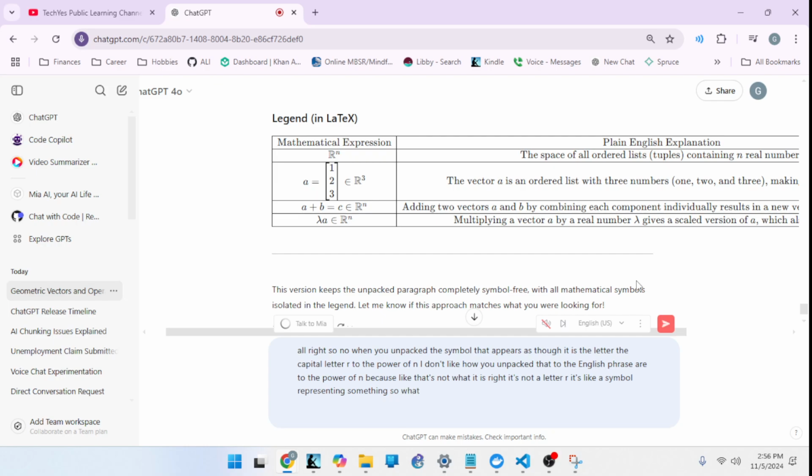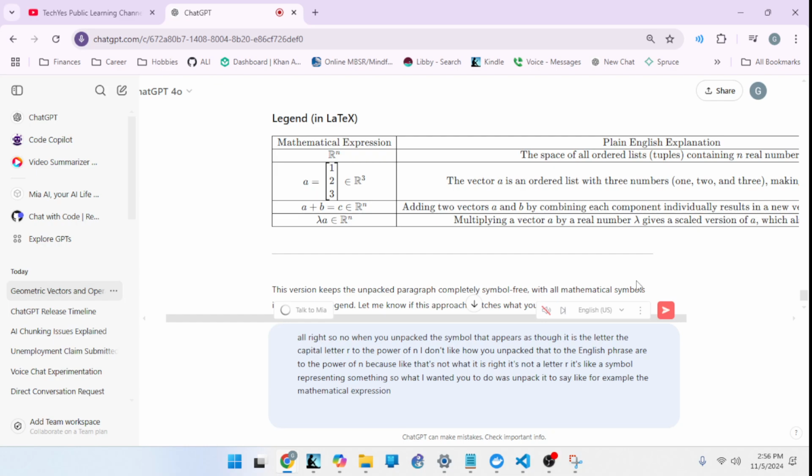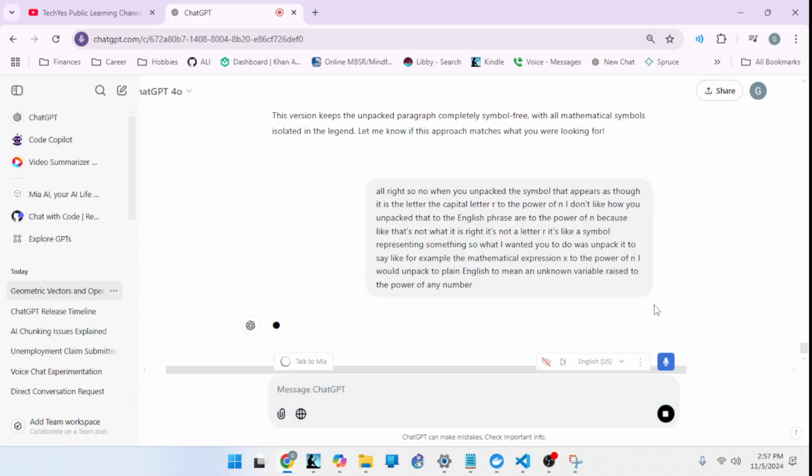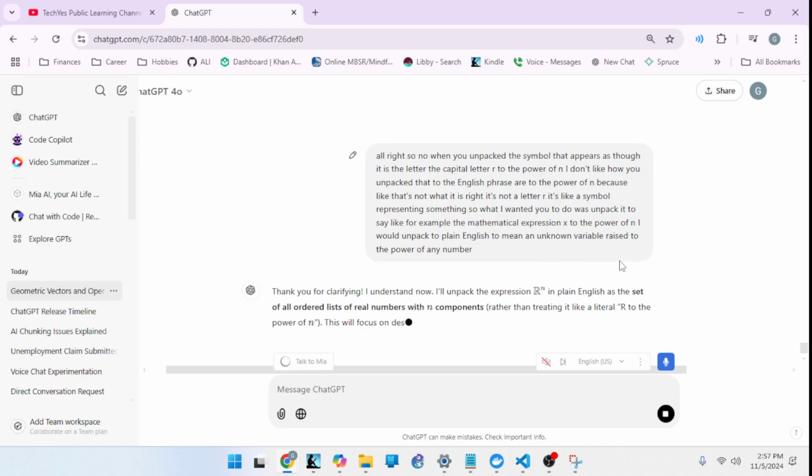So what I wanted you to do was unpack it to say, like, for example, the mathematical expression x to the power of n, I would unpack to plain English to mean an unknown variable raised to the power of any number. Yeah.